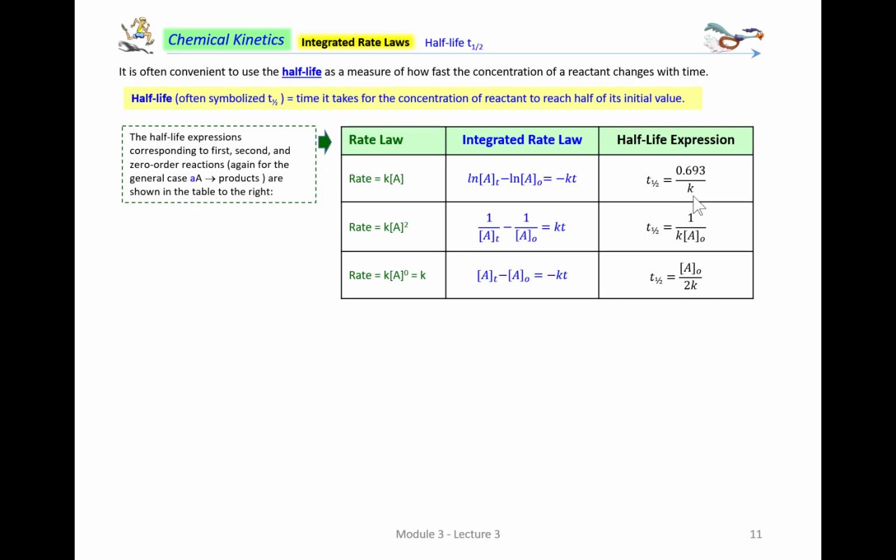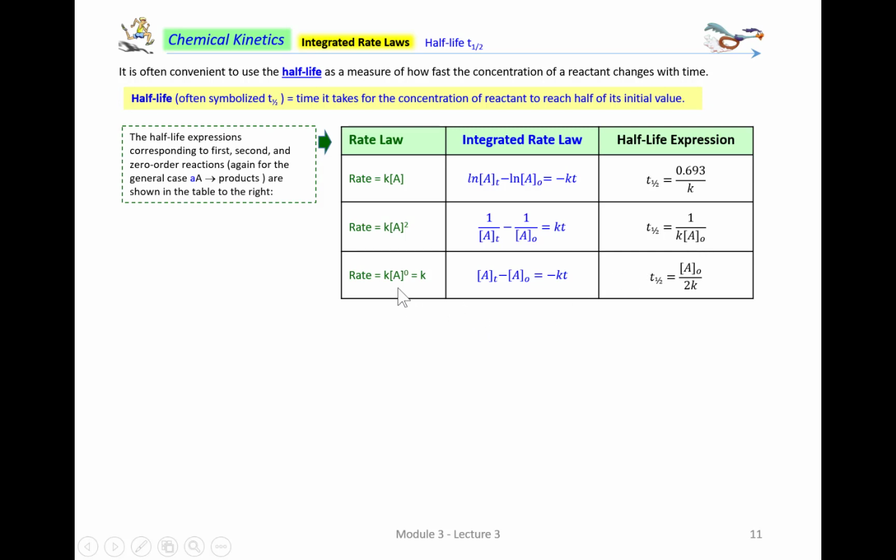We'll do a derivation in a couple of minutes to show how we got at least one of these half-life expressions. For a second-order process, rate equals k times A squared, we know the integrated rate law looks like this. The half-life expression for that second-order process would be T1/2 equals 1 over the rate constant times the initial concentration of the reactant.